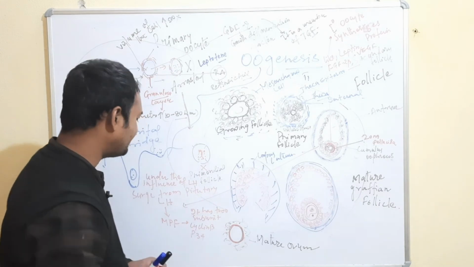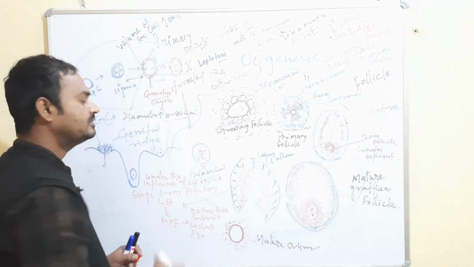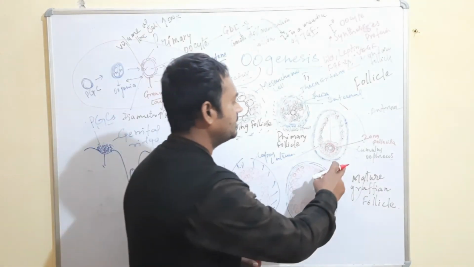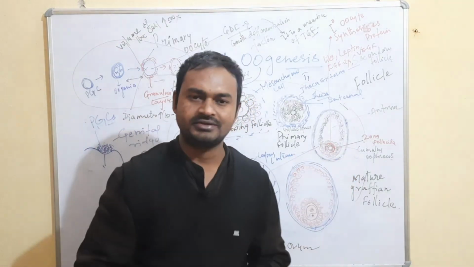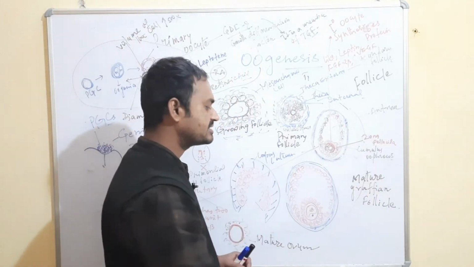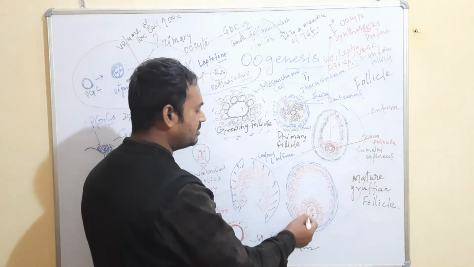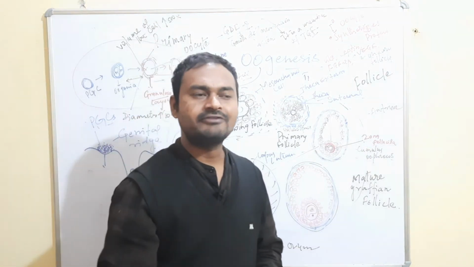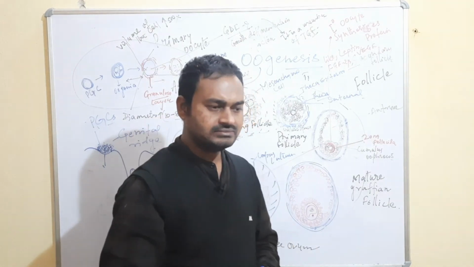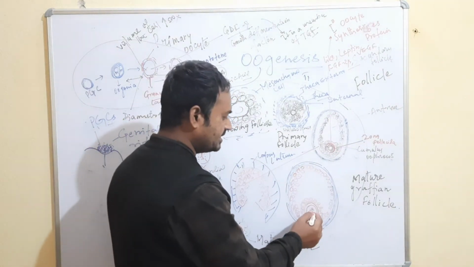Under the surge of luteinizing hormone secreted from the pituitary gland, the MPF will lead the first meiotic division to complete. After the cell has completed its first meiotic division, it will form two cells, and this cytokinesis is unequal.